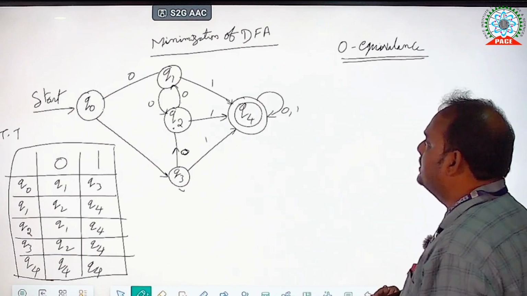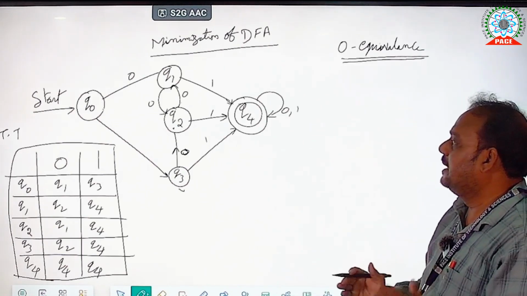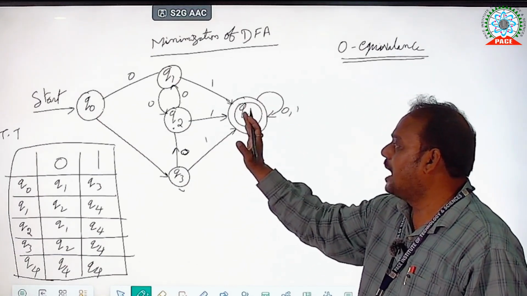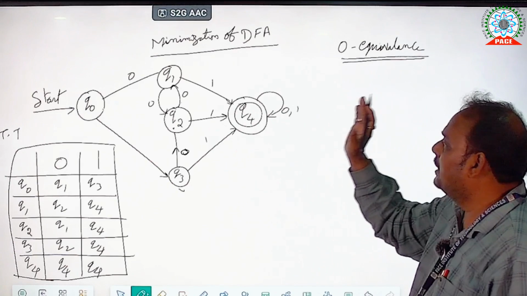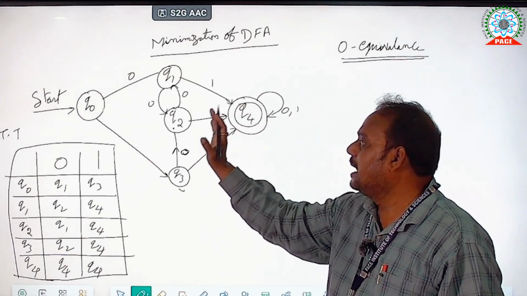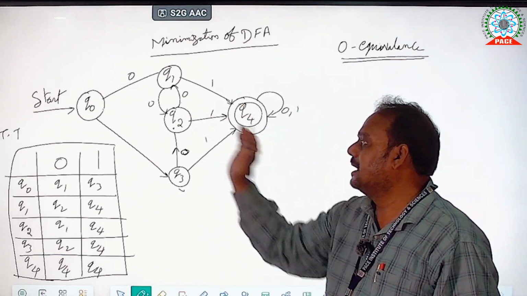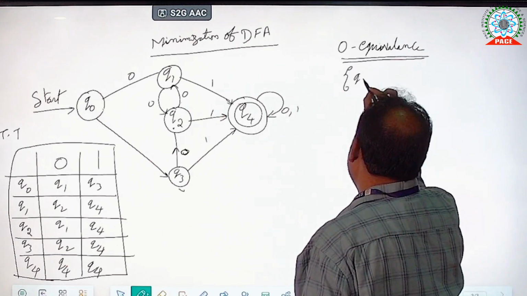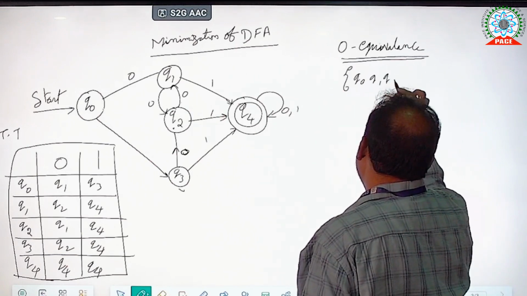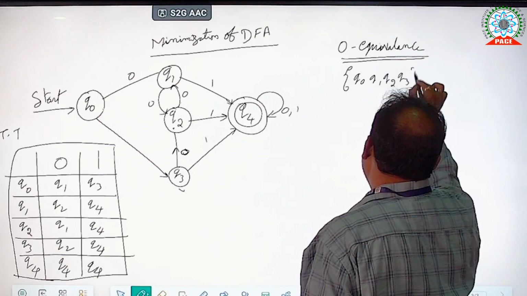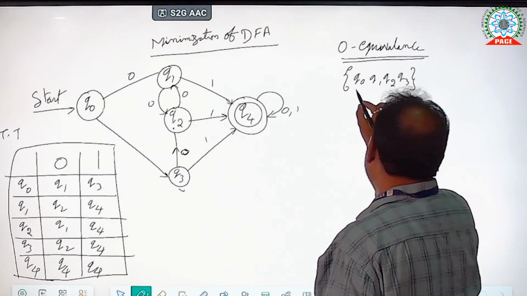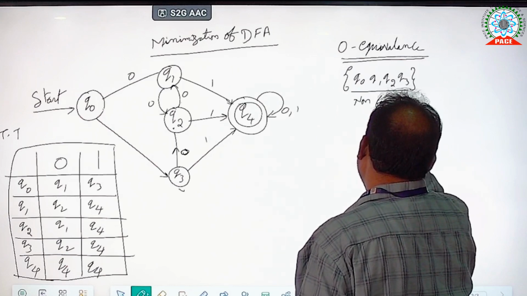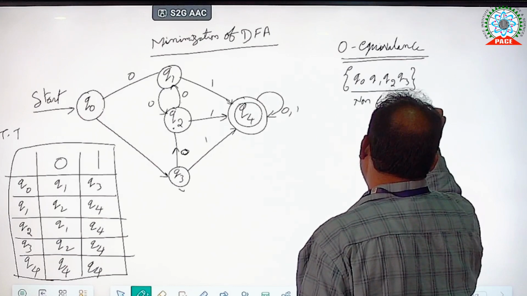Equivalence means there is one rule: the final states I have to write on one side, and those that are non-final states, I take on another side. So in the above diagram, Q naught, Q1, Q2 and Q3 are all non-final states.